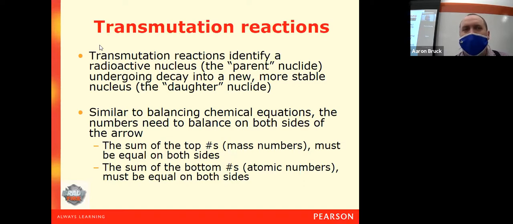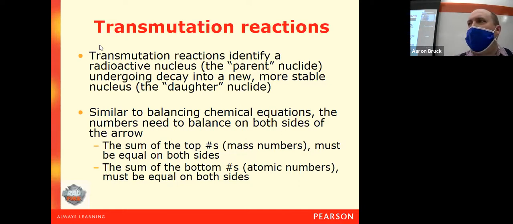Now, balancing nuclear reactions is a little bit different from balancing chemical reactions. Chemical reactions, we were all concerned about the law of conservation of matter. I needed every single atom that was on the reactant side to be matched up by an atom on the product side. But that's not how it works in a transmutation reaction.